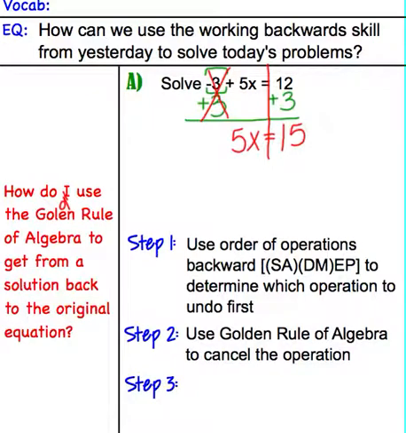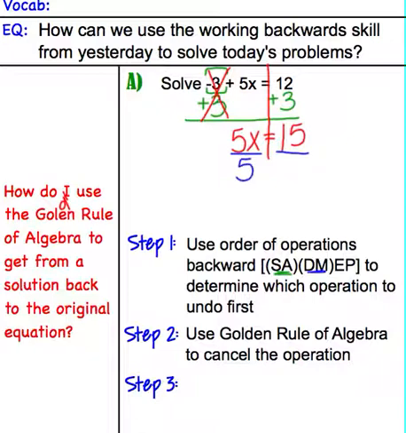Now that we've gotten rid of what's least attached, which was dealing with that subtraction and addition, our next step is to focus on any multiplication or division. I always like to ask myself, what is being done to x? Right now, x is being multiplied by 5. And I know that multiplying by 5 can be undone by dividing by 5.